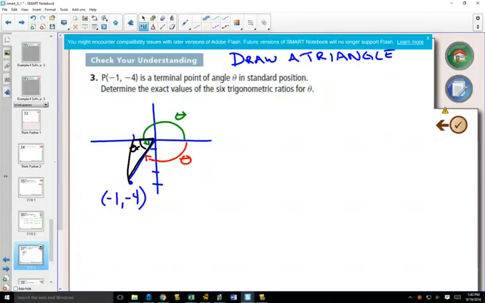I know 2 of the lengths already. Because the point is -1, -4, this side, its length is 1. This side, its length is 4. I'm not going to worry about +1 or -1 because it's going to the left and going down. I'm not going to worry about writing that as -4. I'm going to write it as an actual triangle with actual lengths.